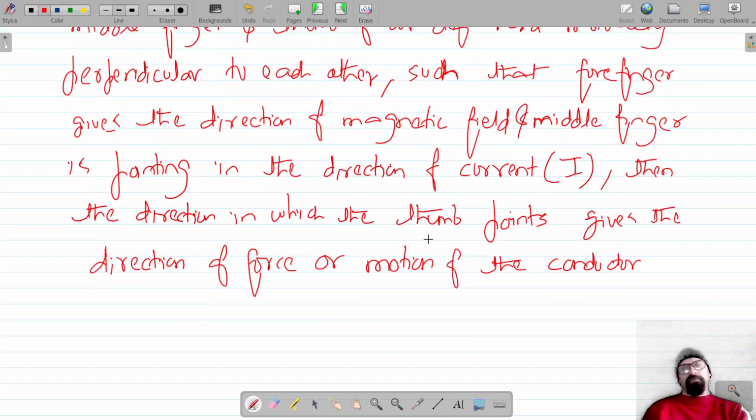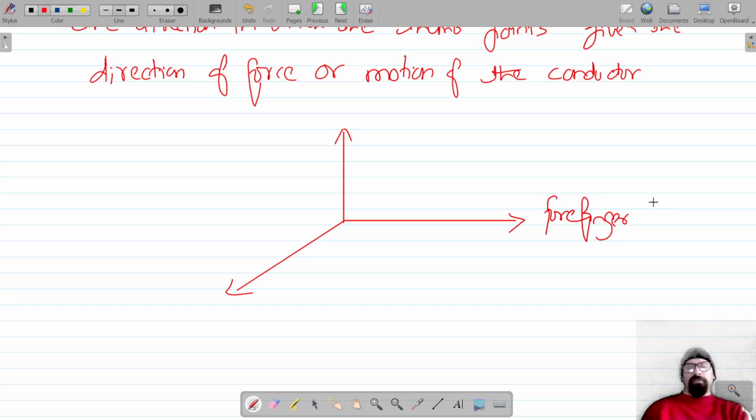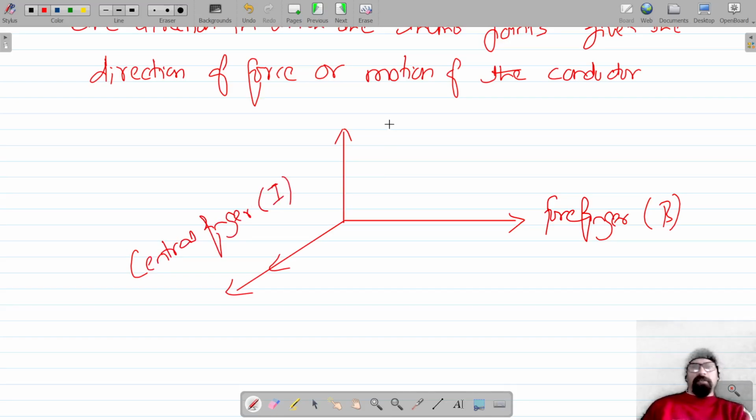So this is Fleming's left hand rule. That means you have to stretch your forefinger, central middle finger, and the thumb of your left hand mutually perpendicular to each other. Let's say this is the forefinger, which gives the direction of the magnetic field B, and this is the middle finger, which gives the direction of the current.